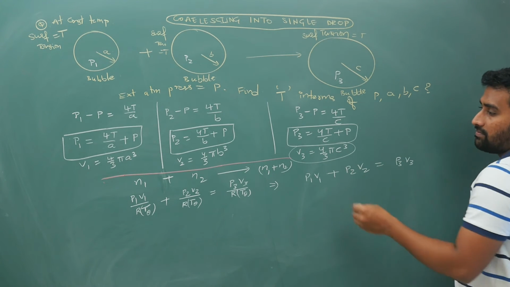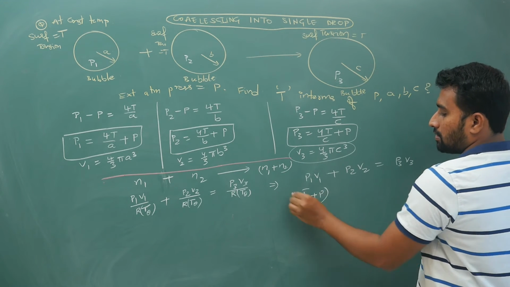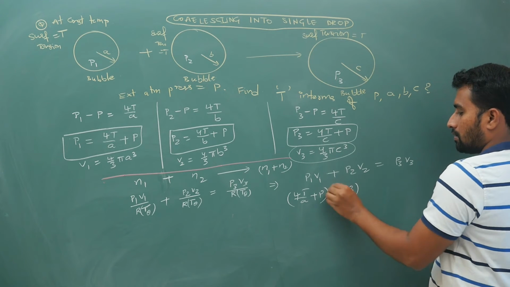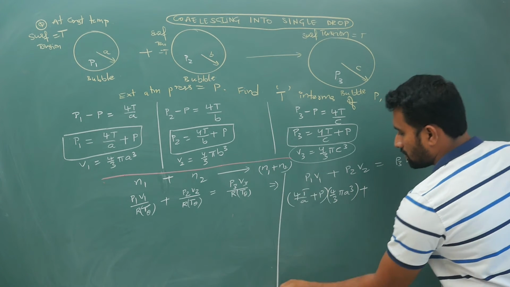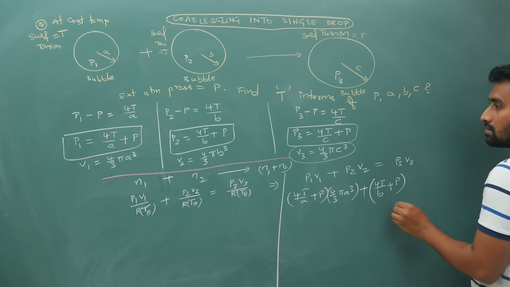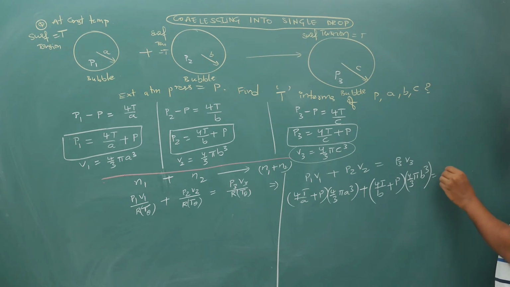Now what is P1 V1? 4T by A plus P times 4 by 3 pi A cube, plus 4T by B plus P times 4 by 3 pi B cube, is equal to P3, which is 4T by C plus P, times 4 by 3 pi C cube.